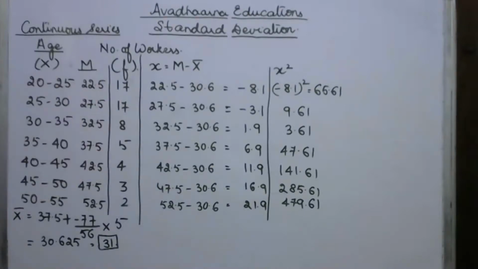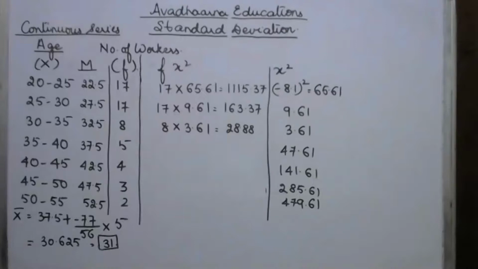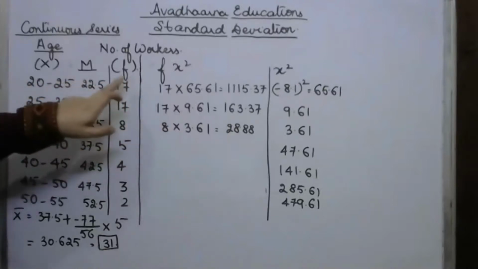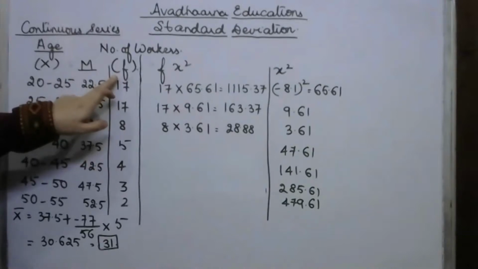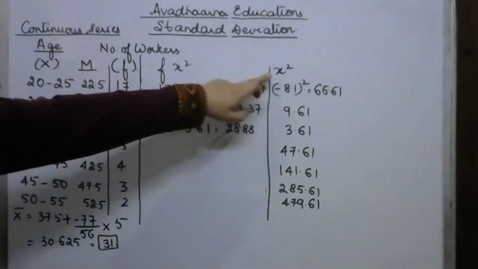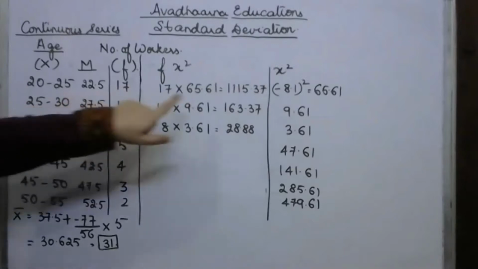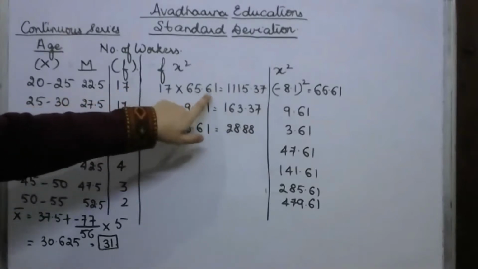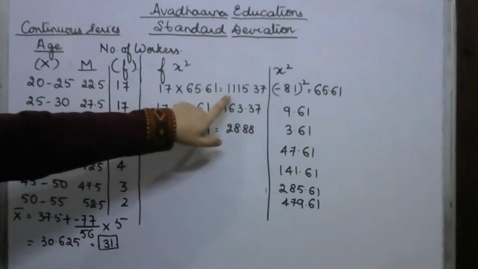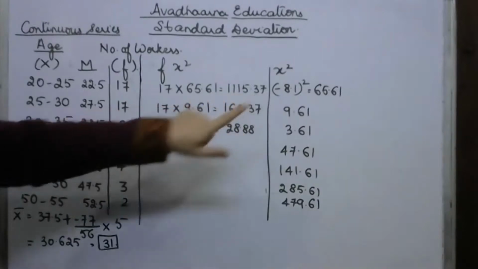And then we'll take the summation of fx square. So when we multiply the frequency with the deviation square, it's 17 into 65.61, which is equal to 1115.37.